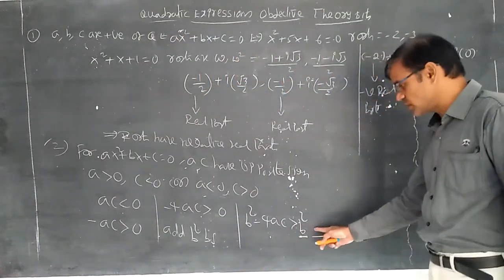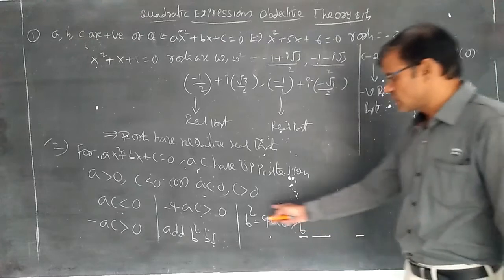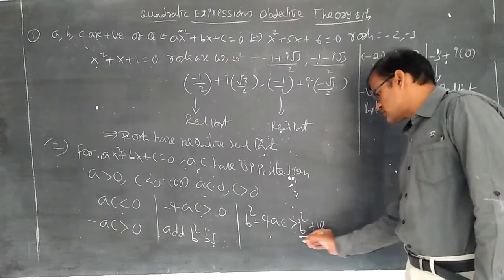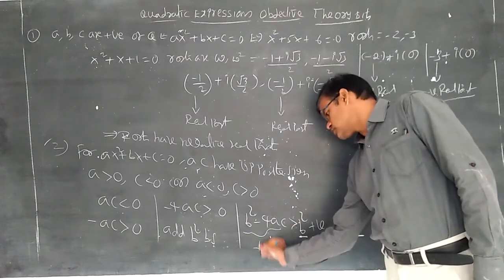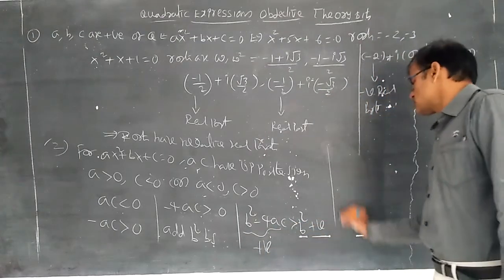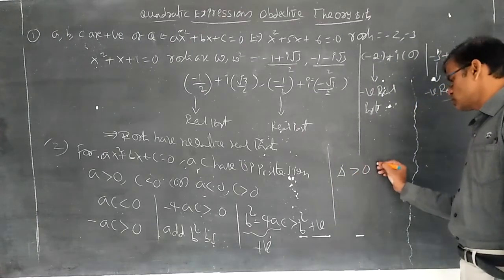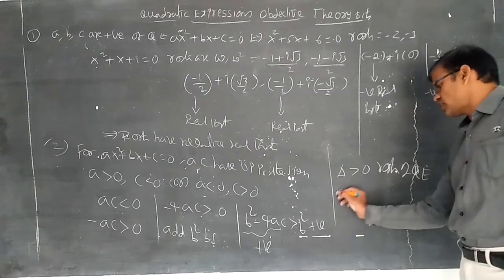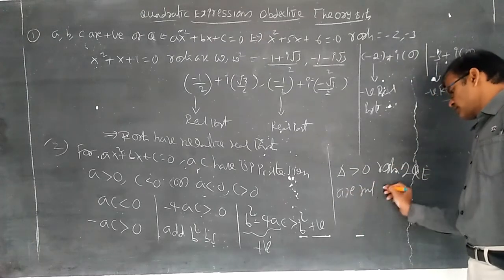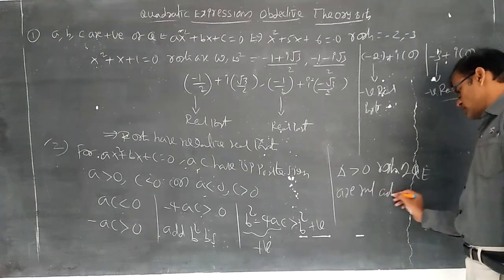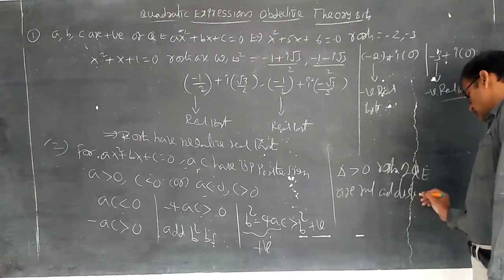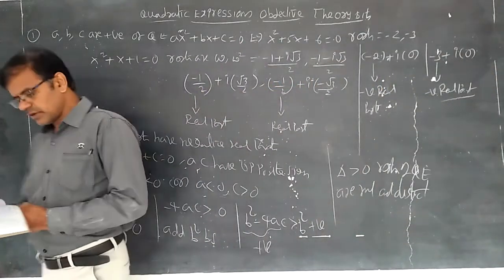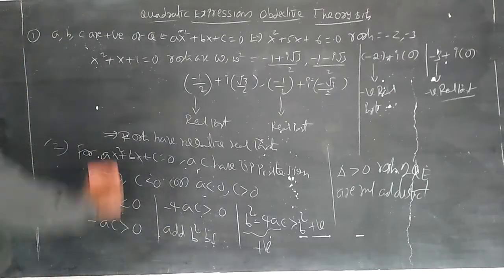We know every square is positive, and here we are discussing only greater than 0, not equal to 0. So this is also positive. You can understand that whenever delta is greater than 0, the roots of the quadratic are real and positive. Second question completed. Now let us discuss the third question.